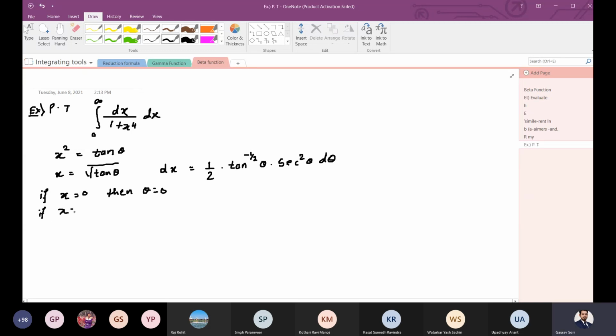If x equals infinity, then theta turns out to be pi by 2. Let's put this. So what do we get? Integral 0 to pi by 2. I've made a lot of mistakes here. So prove that this value is equal to pi by 2 root 2.